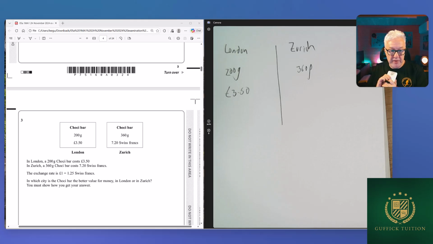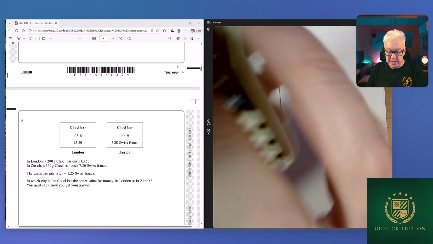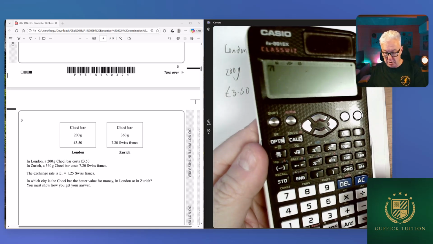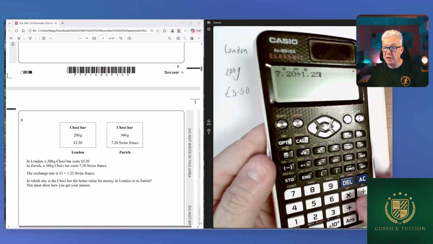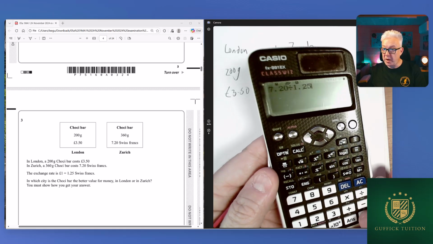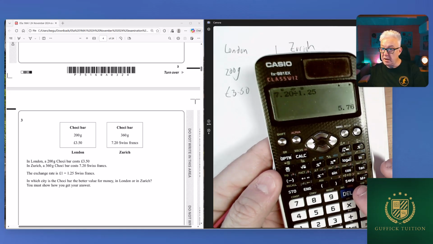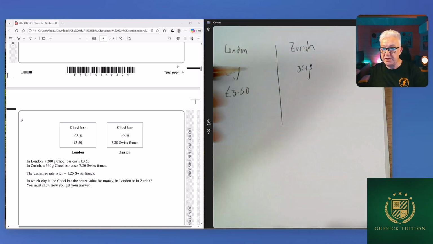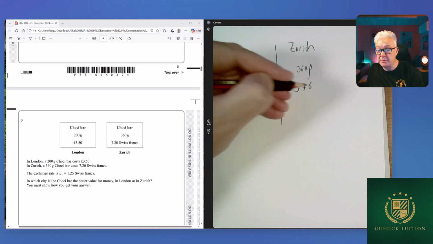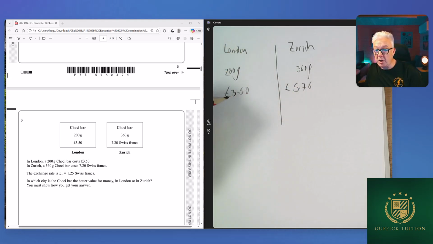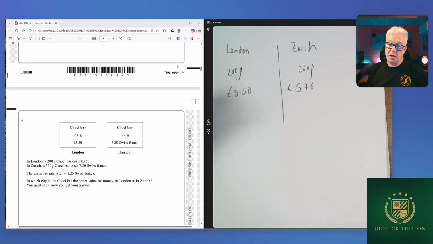Every £1 is worth 1.25 Swiss francs, so we need to take our 7.20 and divide that by 1.25. So 7.20 divided by 1.25 is 5.76. So the equivalent cost of 360 grams of the chocolate in Zurich would be £5.76.